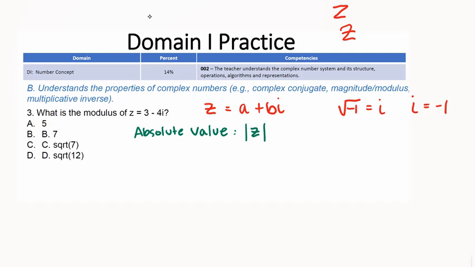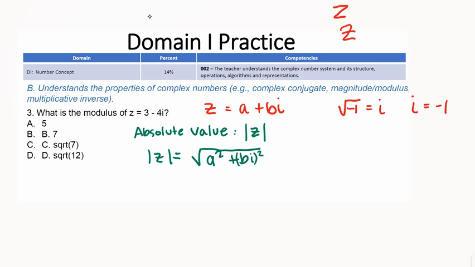My formula will be |z| equals, if you notice, it's like the Pythagorean theorem: the square root of a squared plus b squared. That's the formula. It's like the Pythagorean theorem.